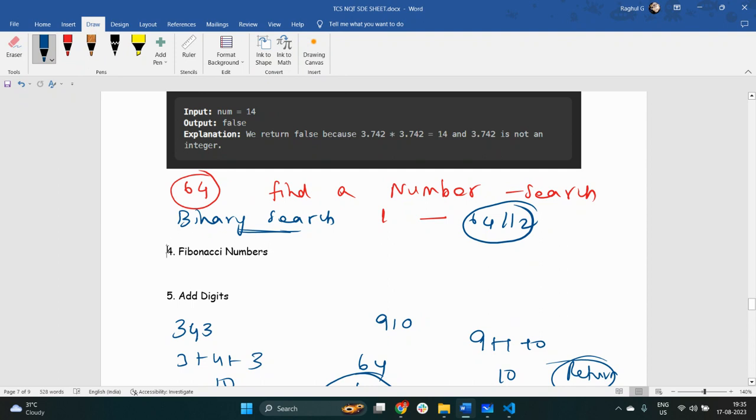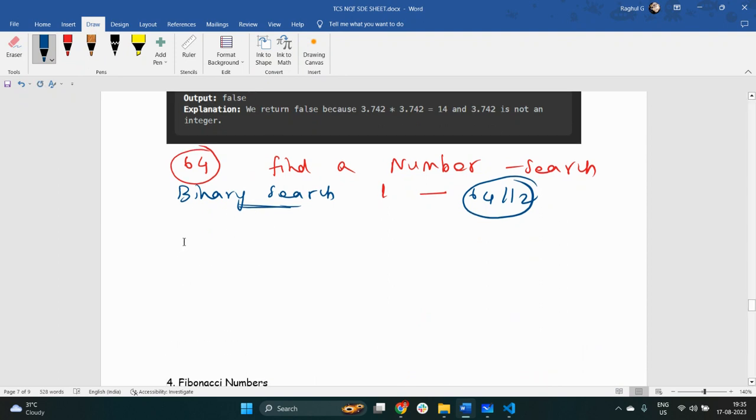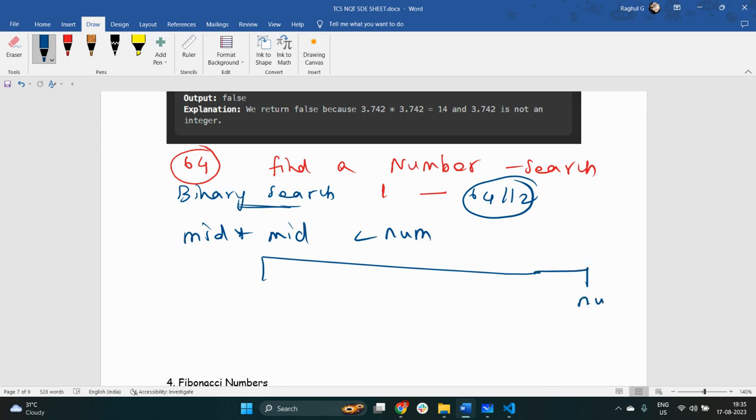Let me draw and explain it for you. One second. If mid times mid is less than num, let me write a number line for this. Here is num. If the multiplied value of mid times mid is less than num, that means it is present before num, with first and last somewhere around it.